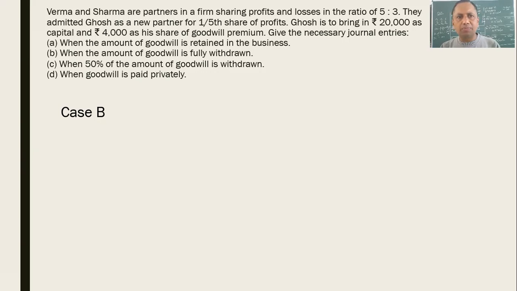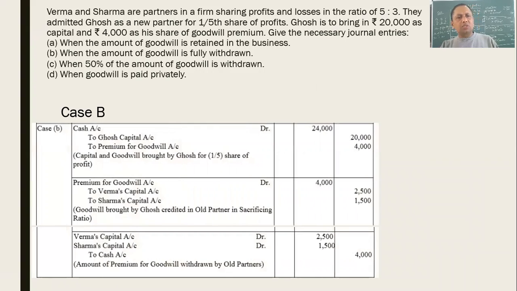So the journal entry passed is Verma capital account debited, Sharma capital account debited to cash. Verma capital is debited by 2,500, Sharma capital is debited by 1,500, and to cash is withdrawn by 4,000. So student, the journal entry is passed as shown on the screen.